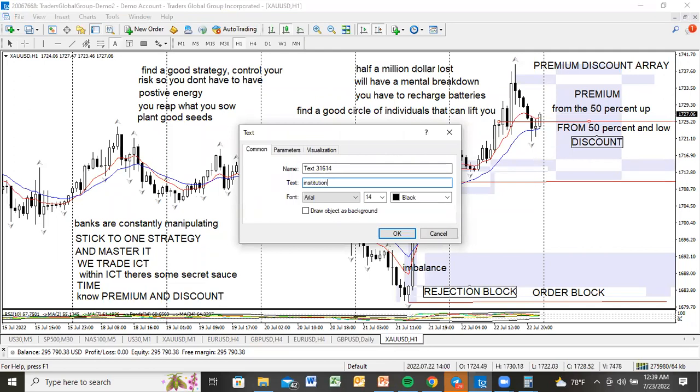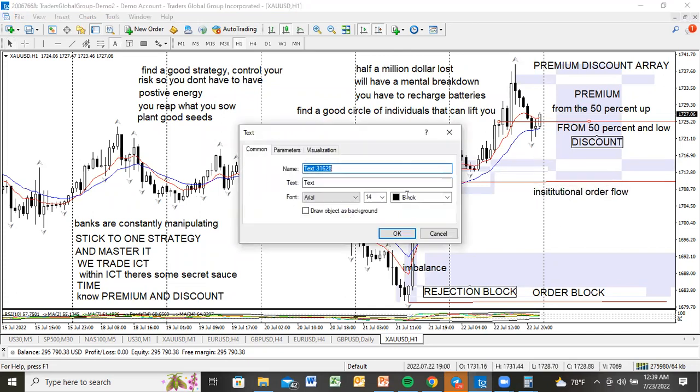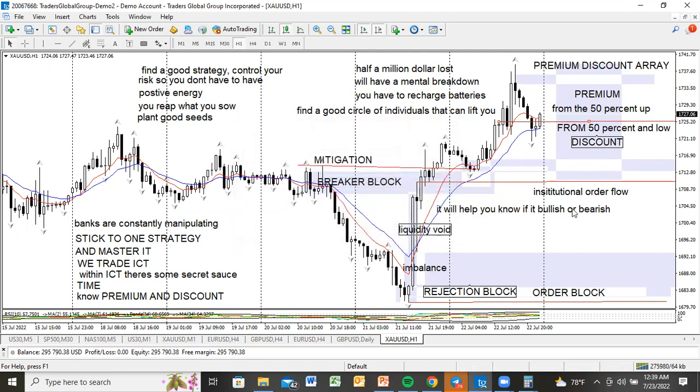When you are able to prognosticate where market is moving, is it higher highs and higher lows, or lower lows and lower highs? You must understand the institutional order flow. You look at your chart and you can say, this market structure is bullish, or this structure is bearish.